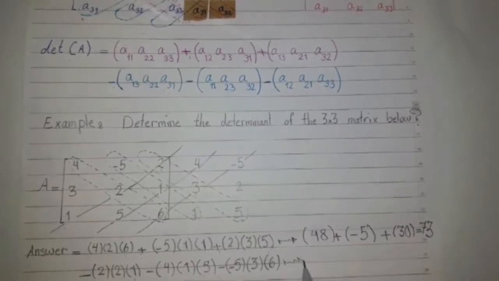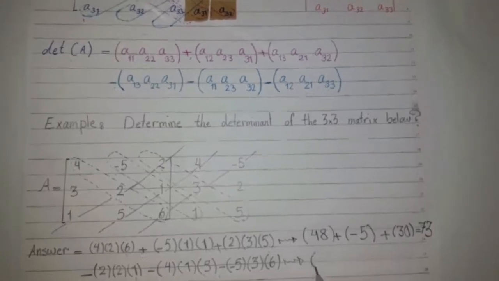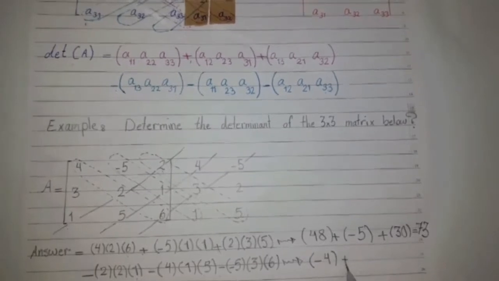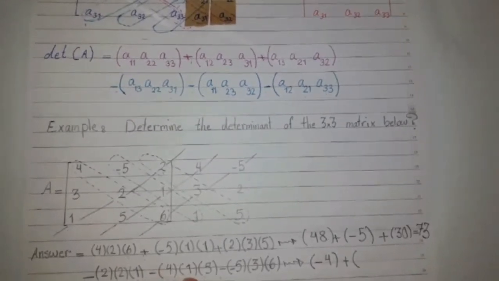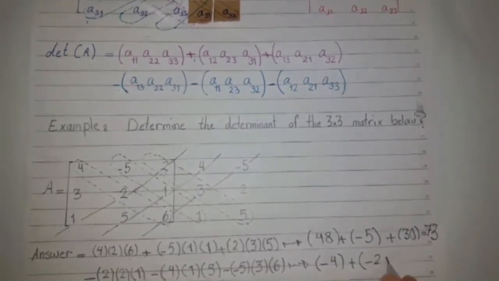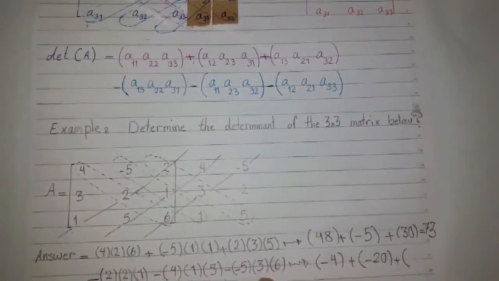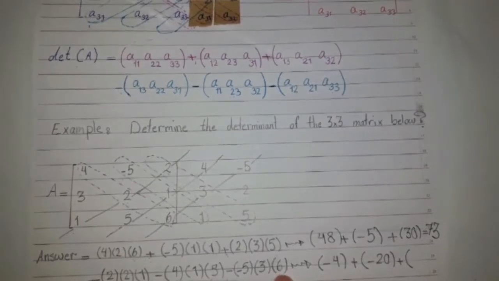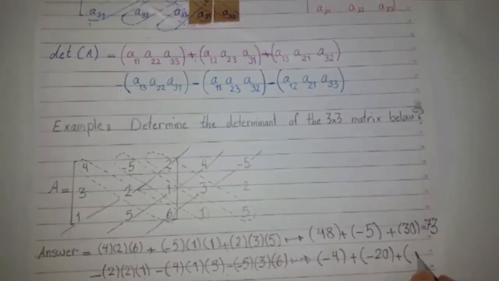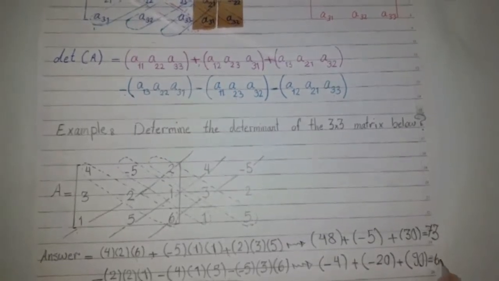And here we have 2 times 2 times 1, it's gonna be negative 4, plus 4 times 1 times 5, and we have a negative here, which is gonna be negative 20, plus negative 5 times 3 times 6, which is gonna be 90, and we have another negative here, so it's gonna be positive. Really, it's gonna be 66.